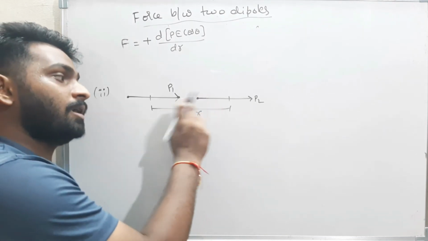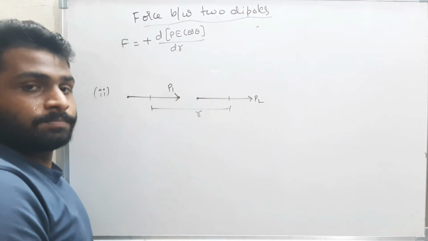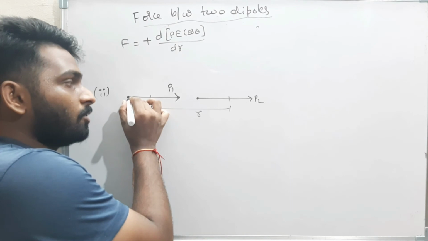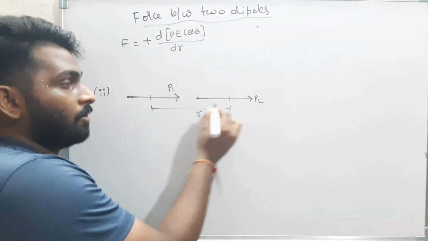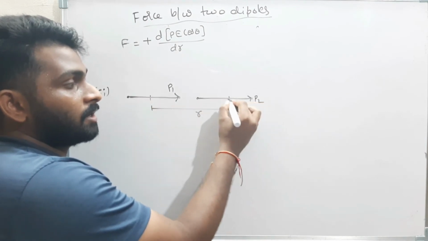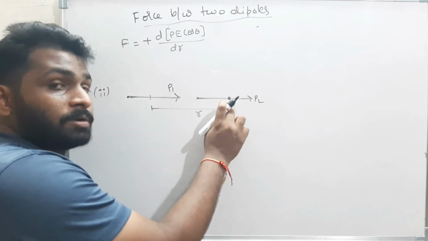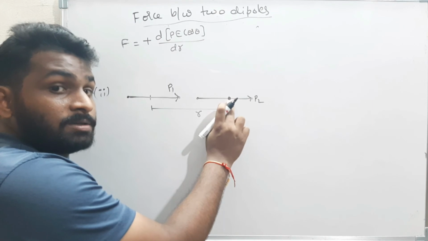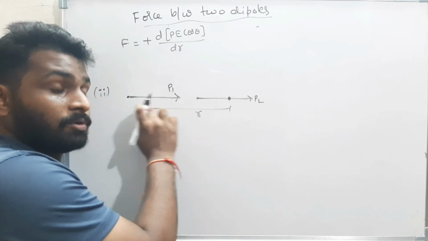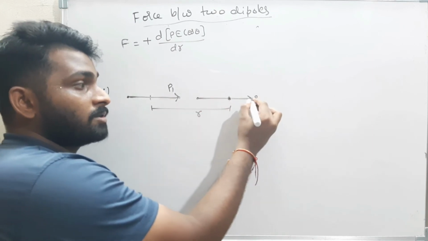Here also they are parallel, they can be anti-parallel. Now see here, because of this dipole, what is the electric field at this point? This point is in the axial position for this dipole. Therefore, the electric field at this point is in this direction.